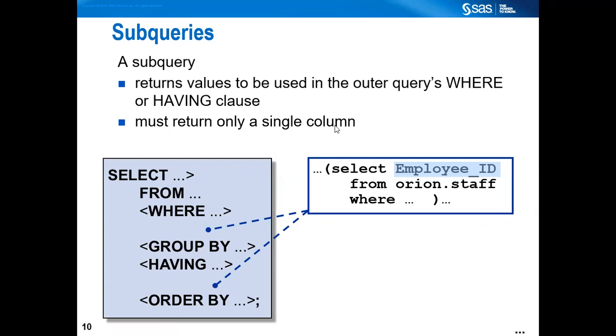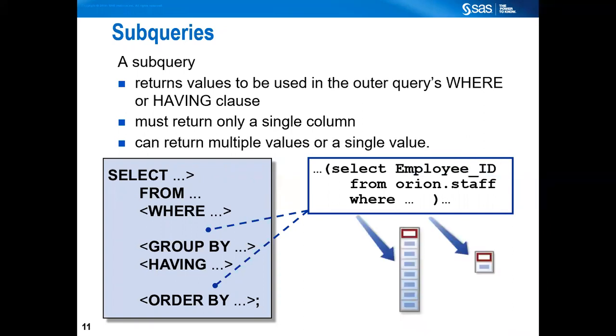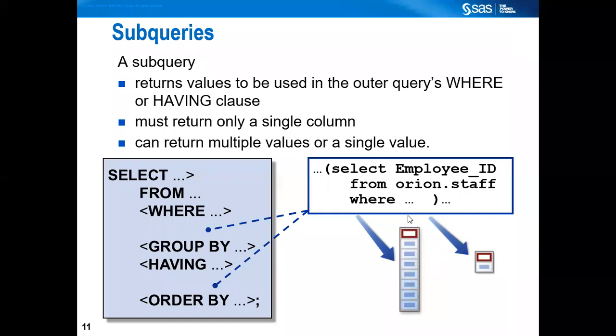It must return only a single column. Your select clause, which is acting as a subquery, should query only a single column. It is not recommended to write a subquery with multiple columns. So subqueries always query a single column at a time, and your subquery will always return either a single row or multiple rows.